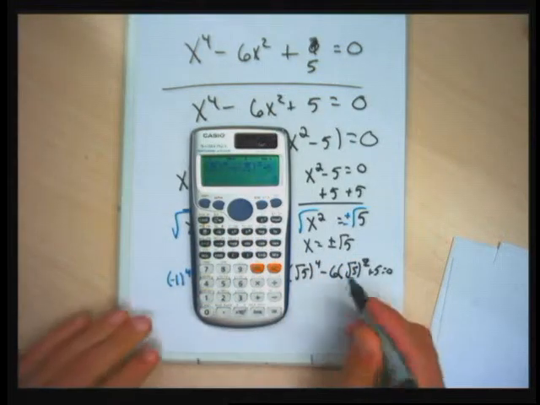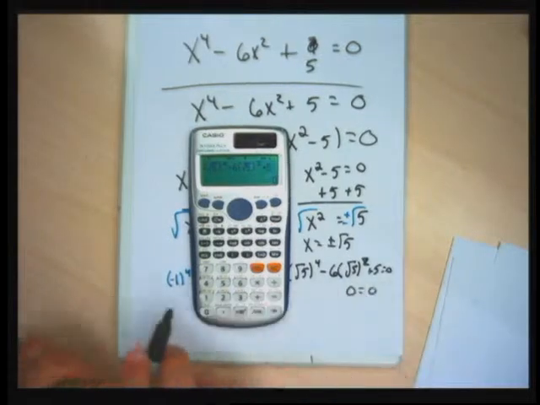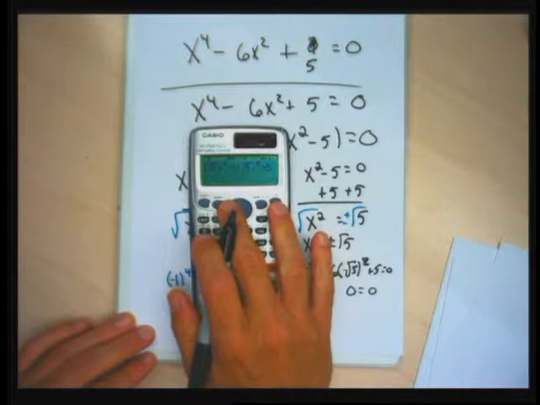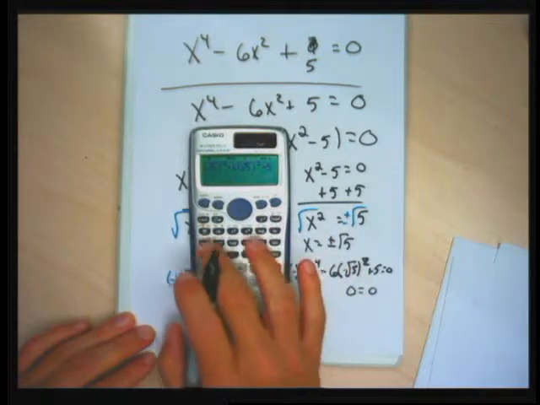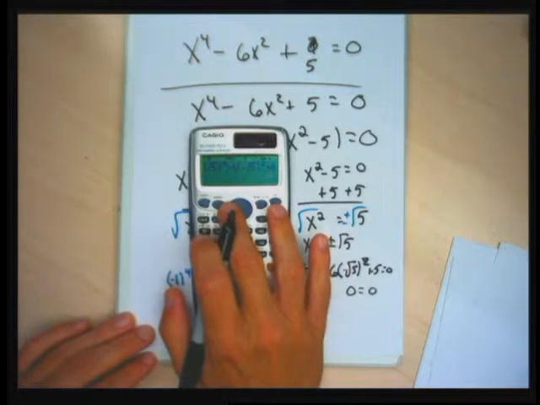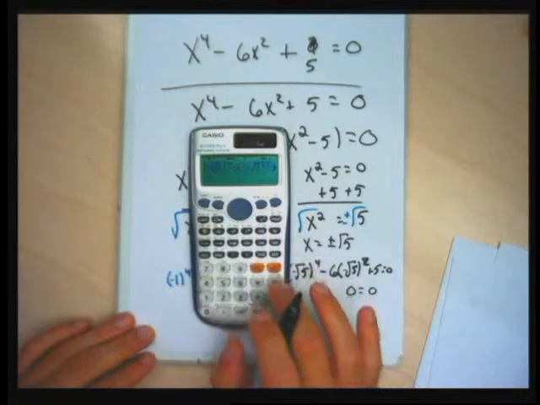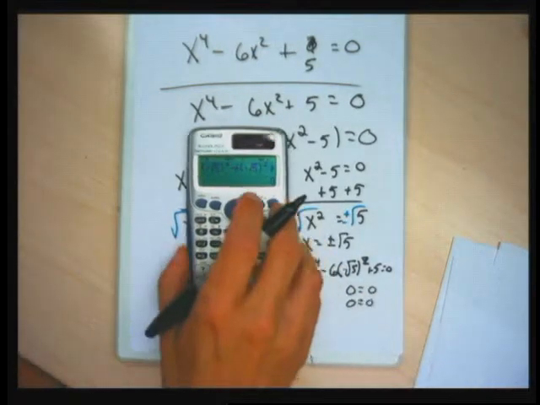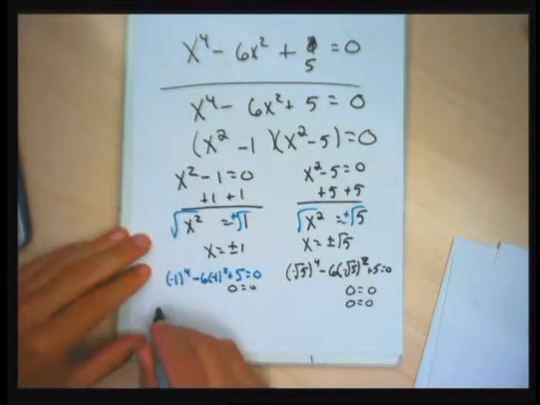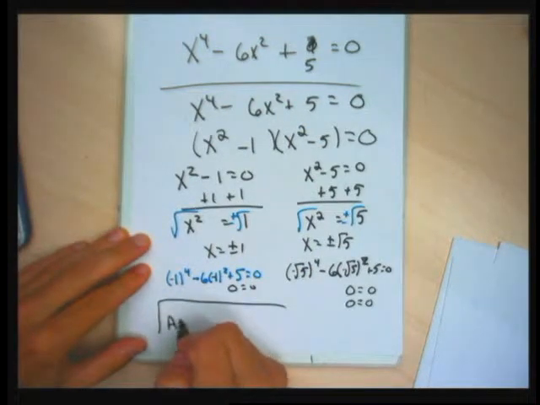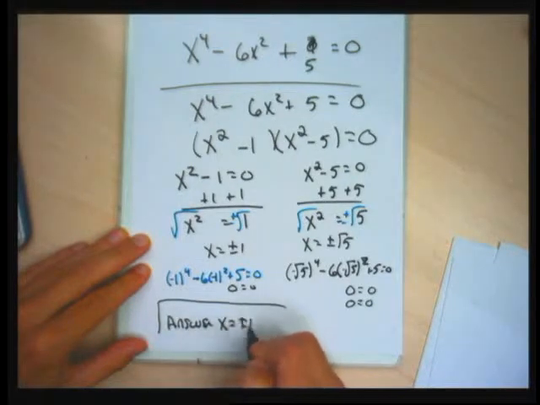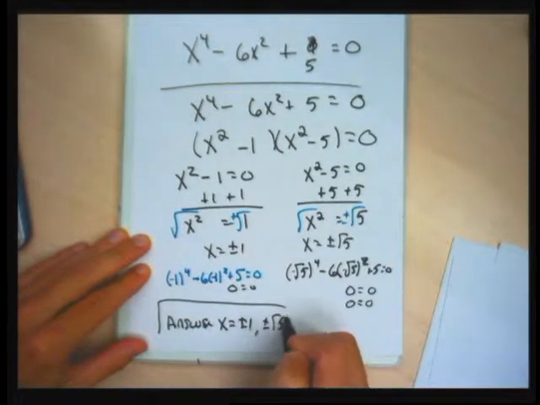That gives me a check. And I'm going to just back up, change the square root of 5's to negatives. And it checks as well. So I've checked all 4 solutions reasonably quickly because I didn't have an i. So my answer is going to be x equals plus or minus 1 and plus or minus the square root of 5.